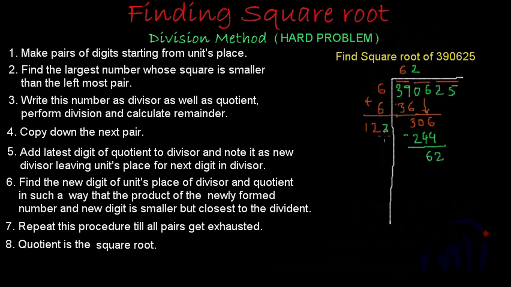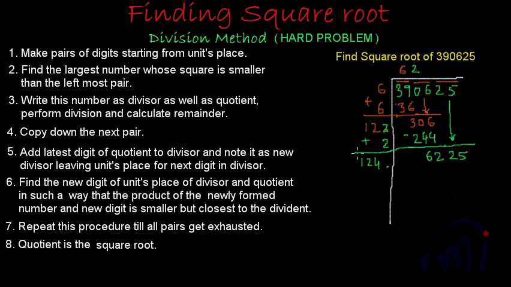And what do I have to do next? Next I have to add this latest digit in the quotient to the divisor. So I have to do 122 plus 2. So this will become 4, 2 plus 2, 4, 2 and 1, leaving this place for the new digit. And then I have to note down this 25.